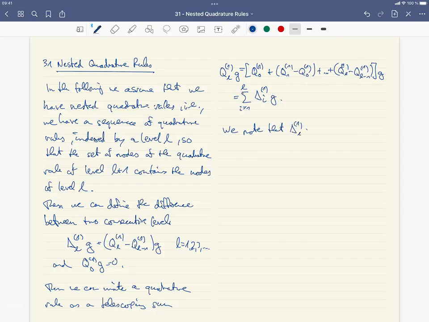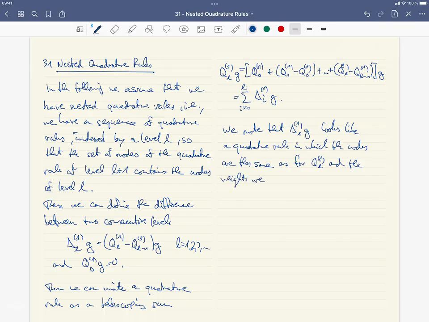So delta L 1 G looks like a quadrature rule in which the nodes are the same as for Q L 1, and the weights are differences between the levels.